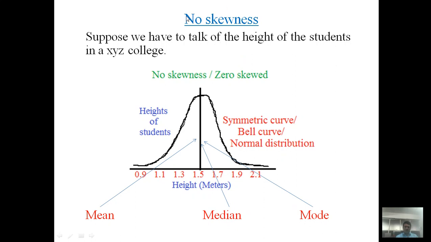When our frequency distribution has no skewness just like this, the value of mean is represented by this perpendicular line, and the same line represents the median as well as the mode. So when there is no skewness, the mean, median and mode are all the same, because they are represented by only one single line.